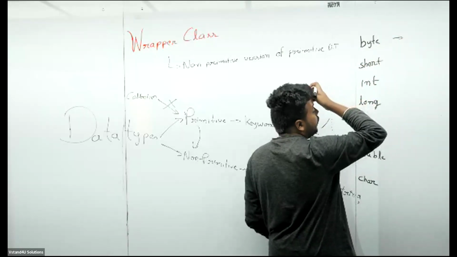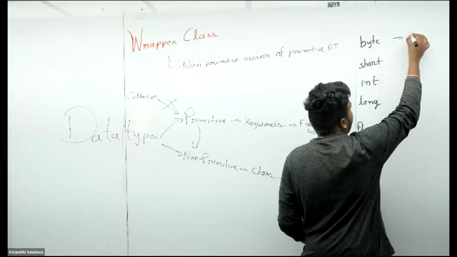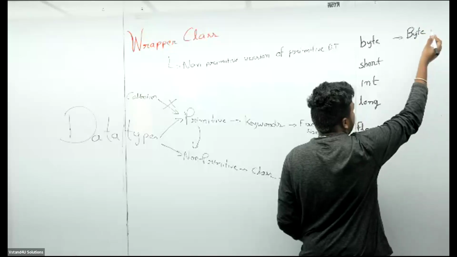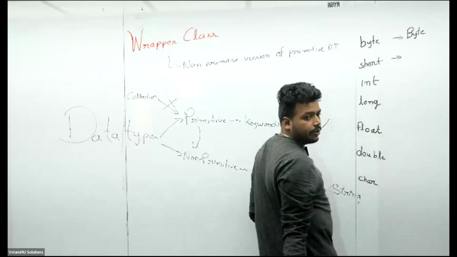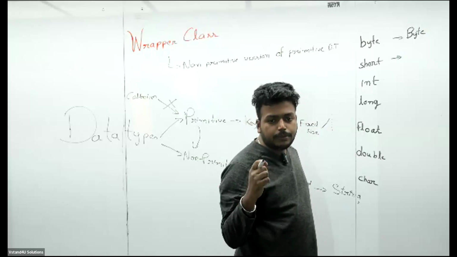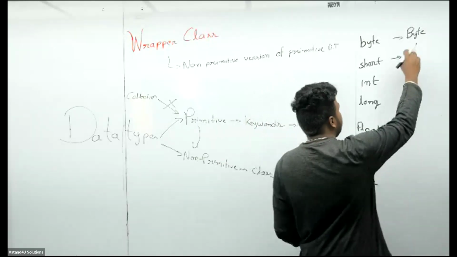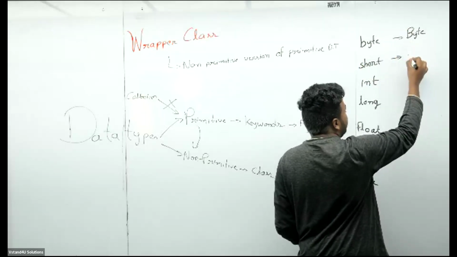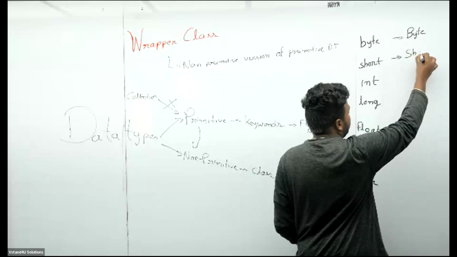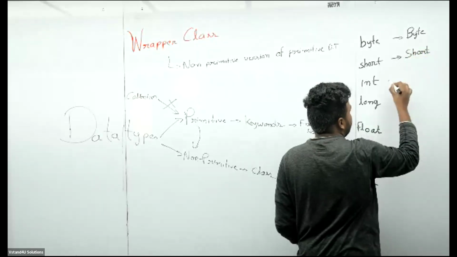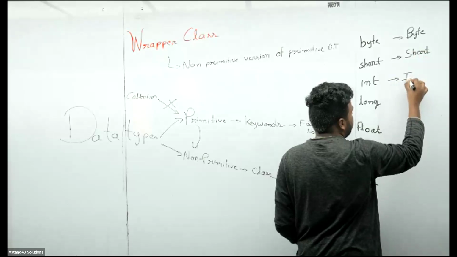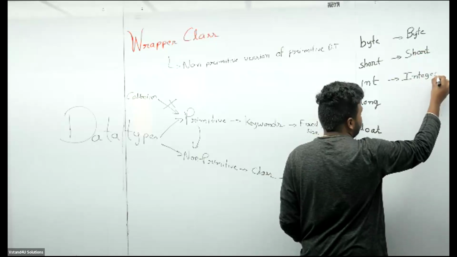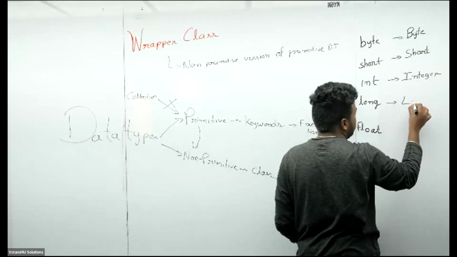See how we will convert. You have to write byte like this, and if I write like this, it will convert into a class. The class name should always start with an uppercase letter, so the first letter should be capital. What about int? For long also.